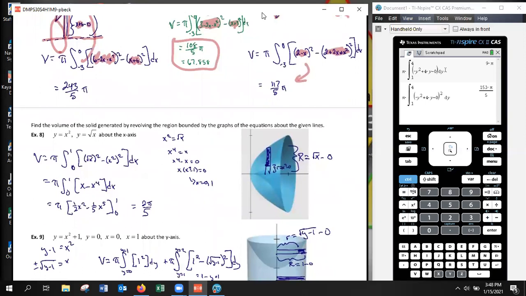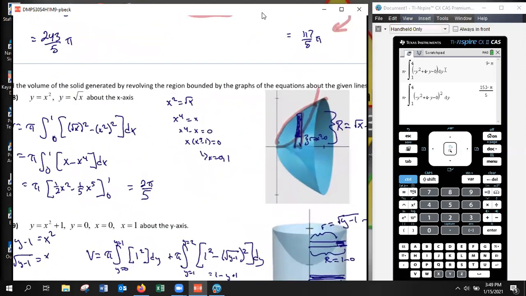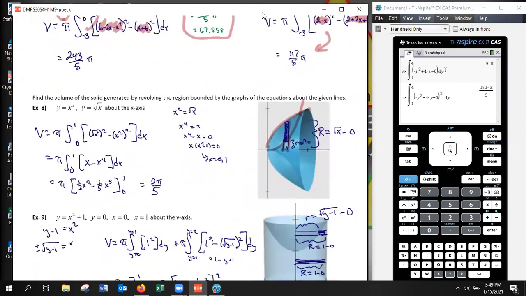Example number 8. In this case, if I draw my representative rectangle, we can see that we have the gap. So my outer radius is going to be the square root graph. My inner radius is going to be the y equals x squared graph. This is one that I felt like we could do on our own. So outer radius is square root of x minus 0.